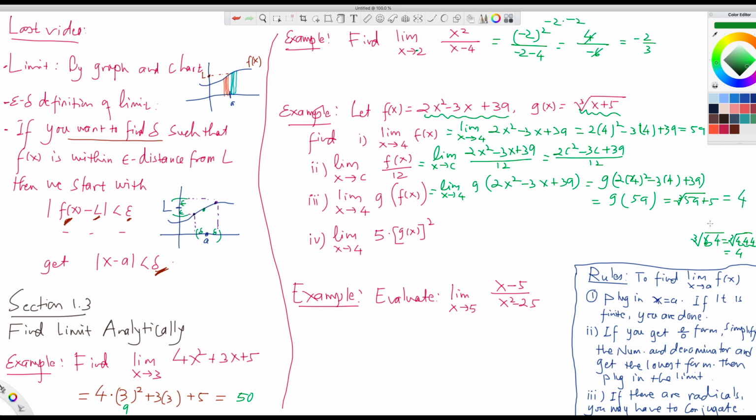You see that? So now the last one is 5 times g(x) squared, but there is a limit. I should not forget the limit there. So let me write down the limit as x tends to 4 of 5 times g(x) squared. Okay, so g(x) is how much? Cube root of x plus 5, and then squared.